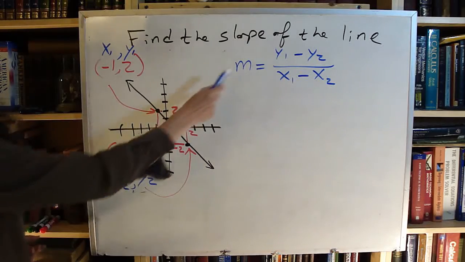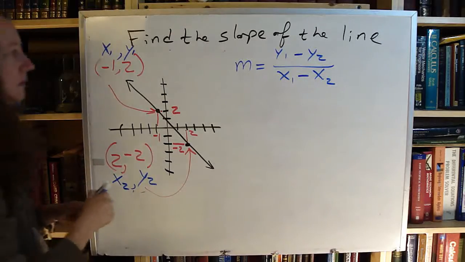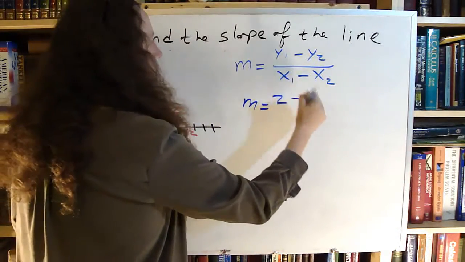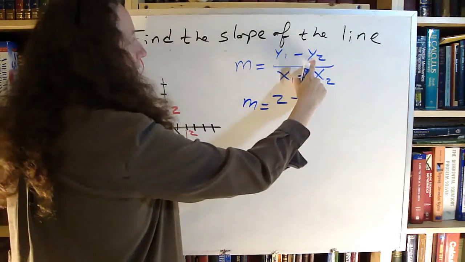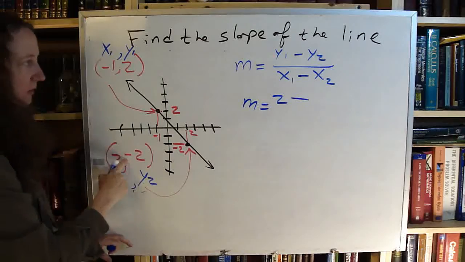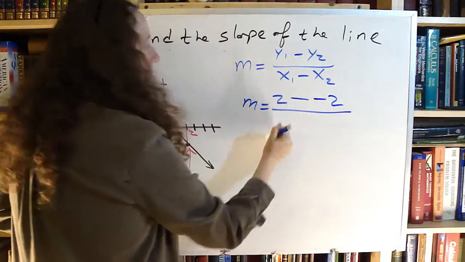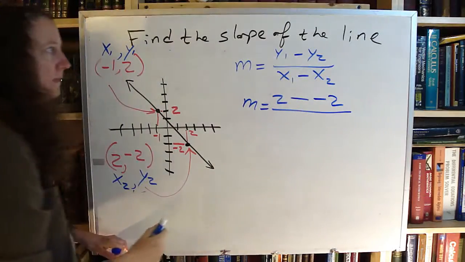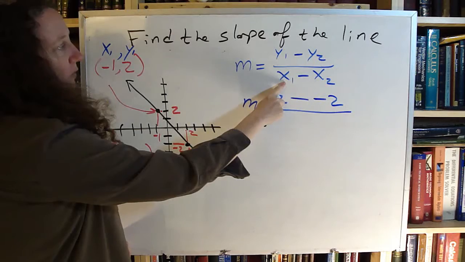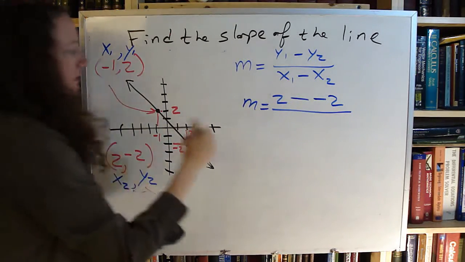So now I take my numbers, y1, find y1, it's 2. Carry down my minus sign, look for y2. y2 is -2. Notice I have the minus and negative. Bottom of the fraction, x1, find x1, it's -1.